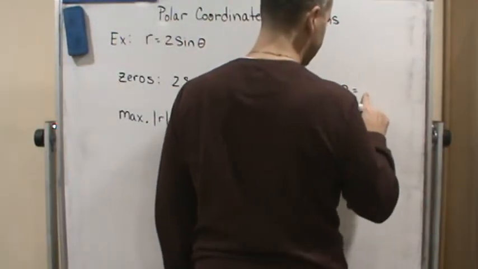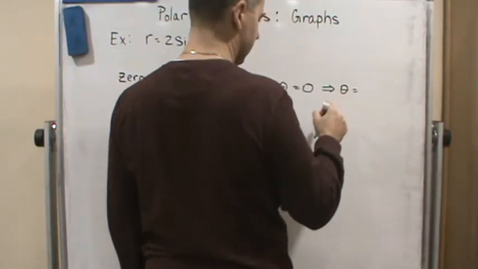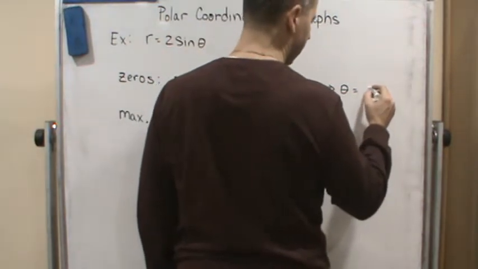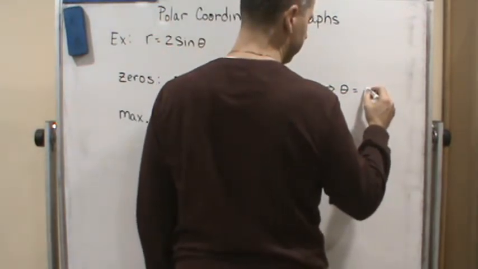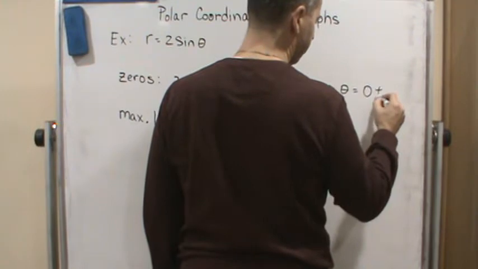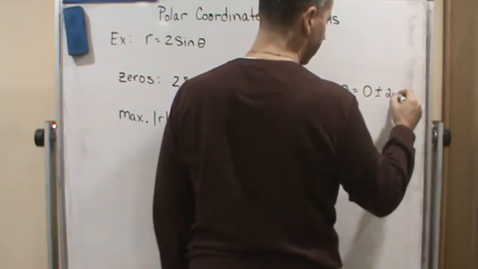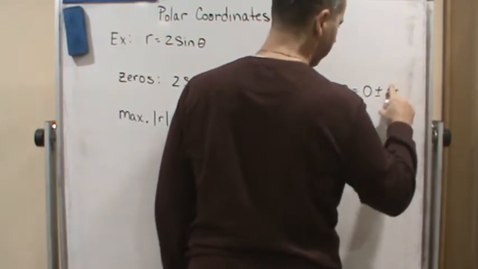So we can say that this theta will equal 0 plus or minus pi times k.